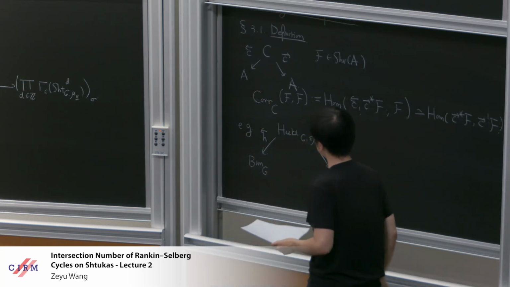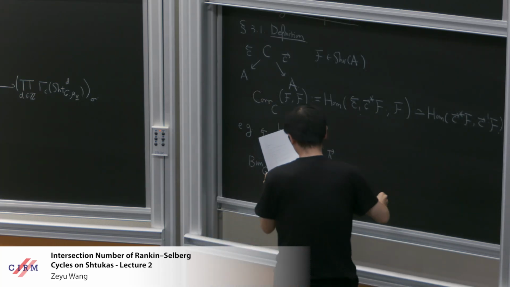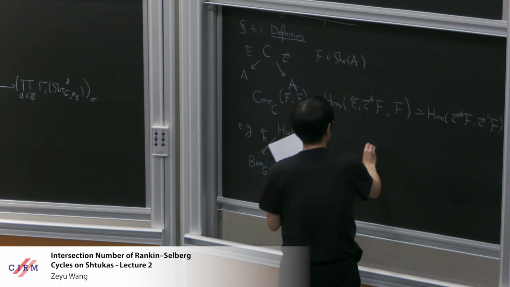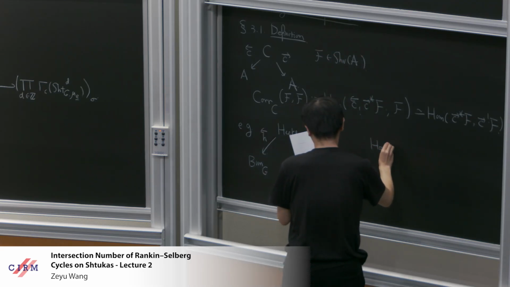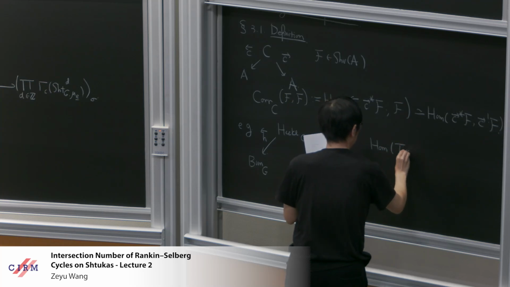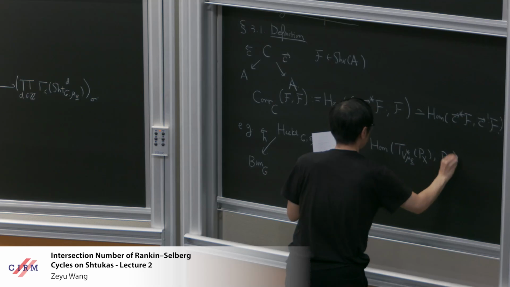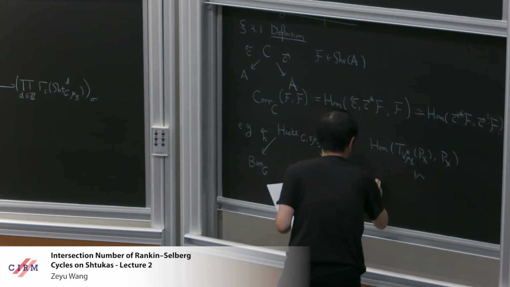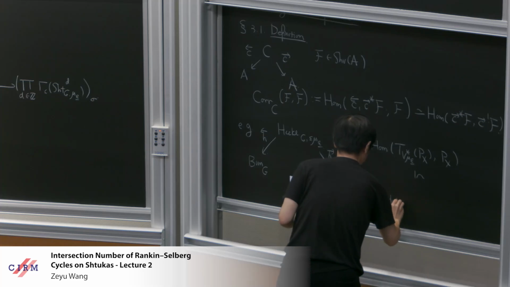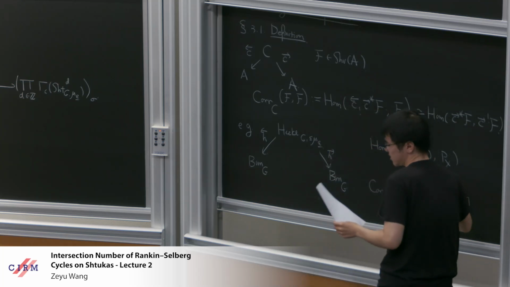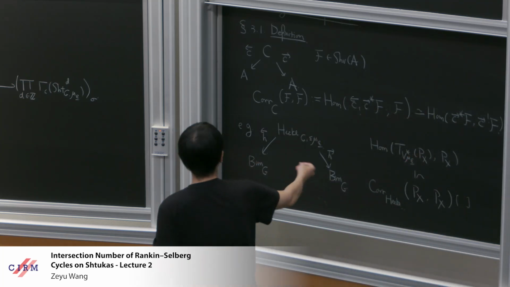So this is the situation we want to consider. It follows from my definition that this Hom space is really just the cohomological correspondences on Hecke with respect to P_x and P. I'm doing nothing but changing notation, up to some shift that I ignore at the moment.